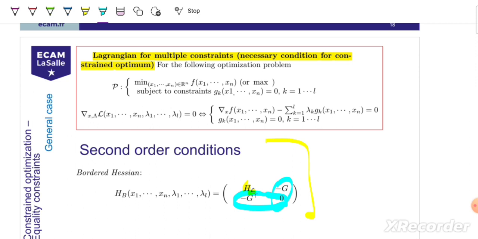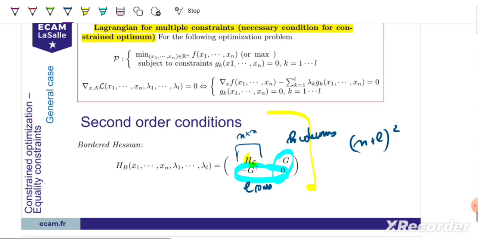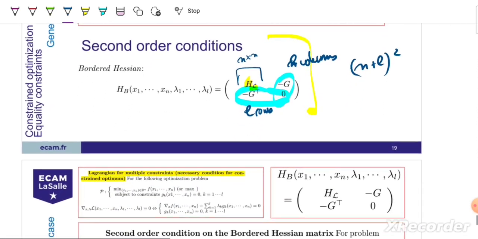So these are going to be L columns and L rows, and that's going to be an n times n square. So my matrix is really an n plus L square matrix, which is what we expect because our Lagrangian has n plus L unknowns.